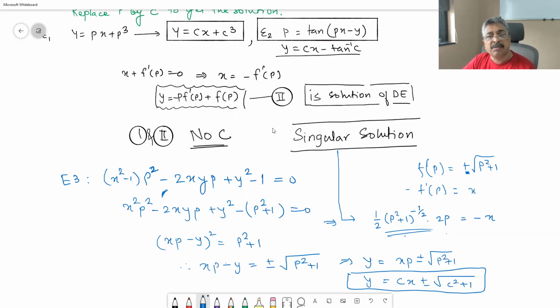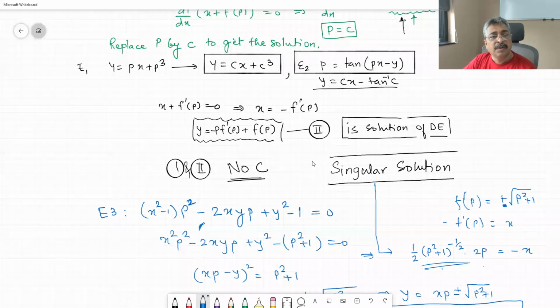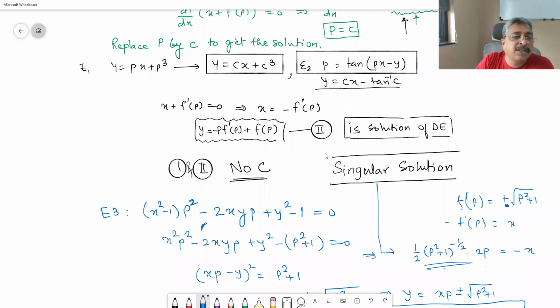Can we do it for earlier examples? Suppose this was p cube. So let us say this is p cube. F of p is equal to p cube. Therefore, f dash of p is equal to 3p square. Therefore, x is equal to minus 3p square. Therefore, solution of this differential equation is x upon minus 3 is equal to p square, so p is equal to radical x upon minus 3.